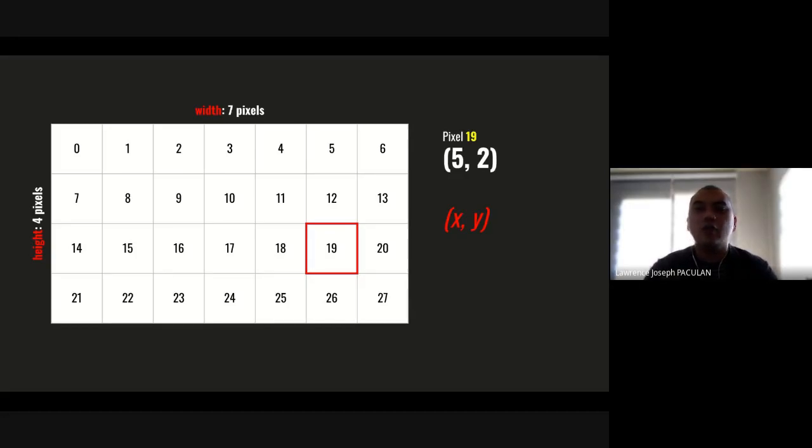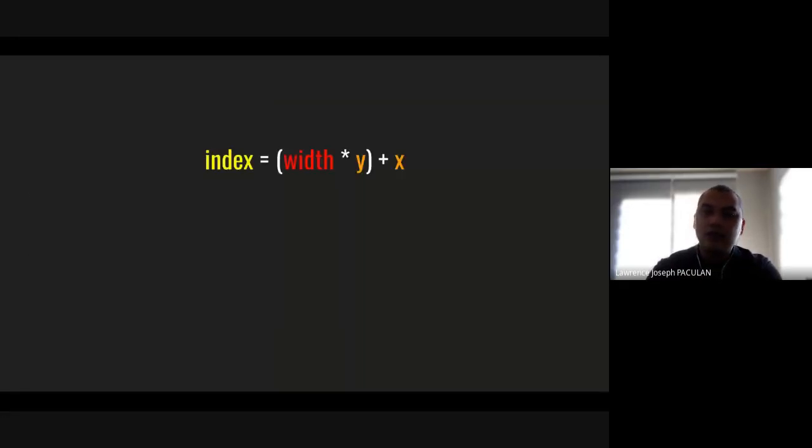How do we arrive at the answer, index 19? If you already have some sort of process, then you'll probably get to this kind of formula. Index is equal to width times y plus x.